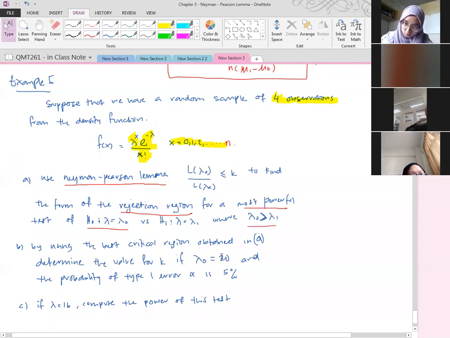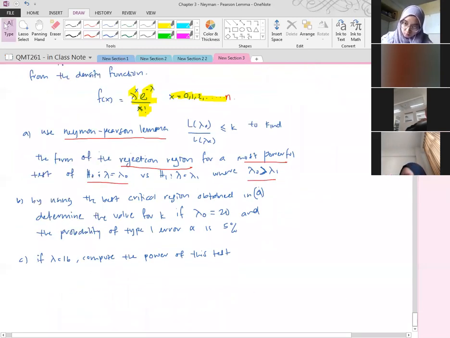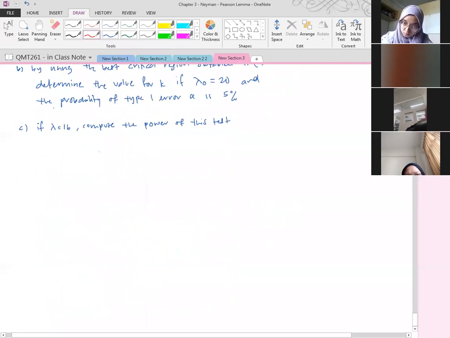To do so, first what we need to do is to know the null hypothesis and alternative hypothesis, whether this is a simple or composite hypothesis.